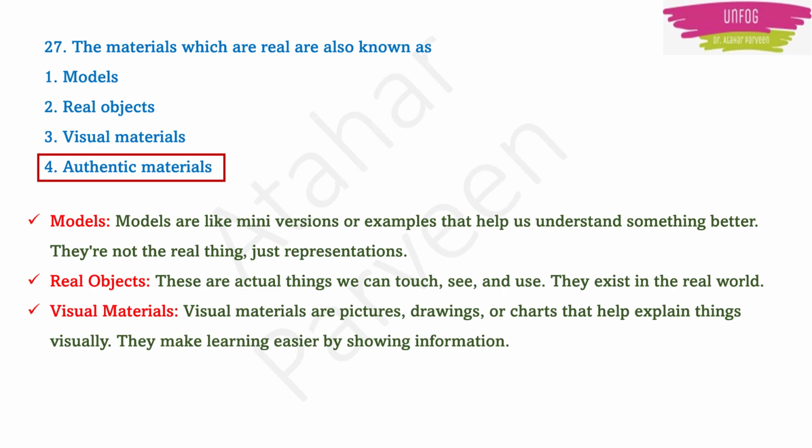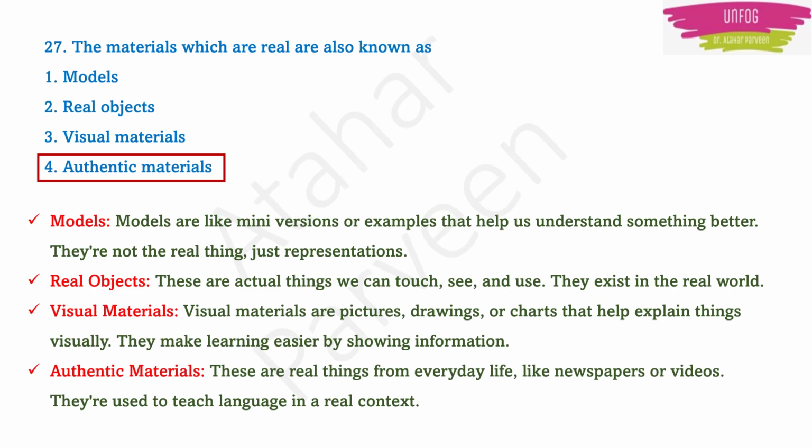Next are authentic materials, which I already told you. They are like real. They are real things from everyday life. For example, newspapers or videos, and they are actually used to teach language in real context.